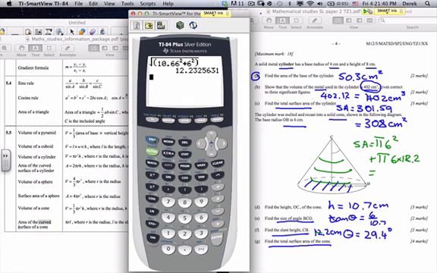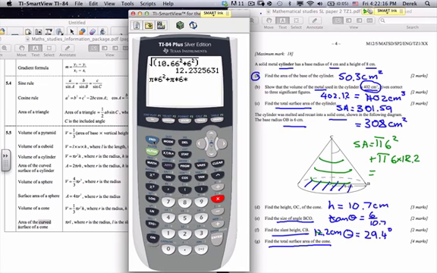So we're going to get my second function pi, which is that one over there, times 6 squared, plus my pi again times 6 times this value over here, this 12.23.